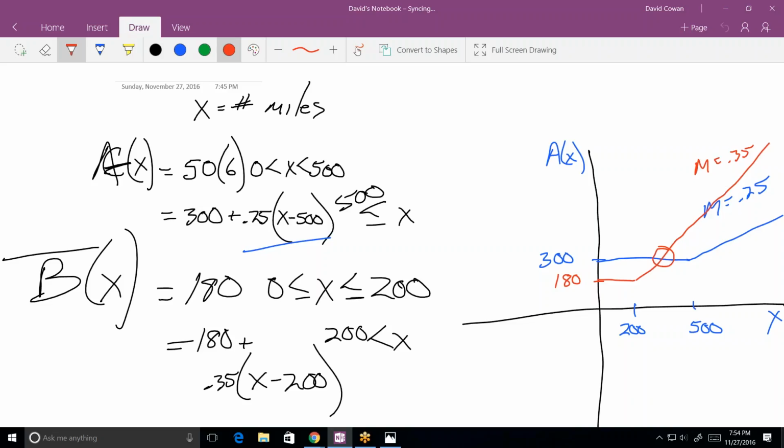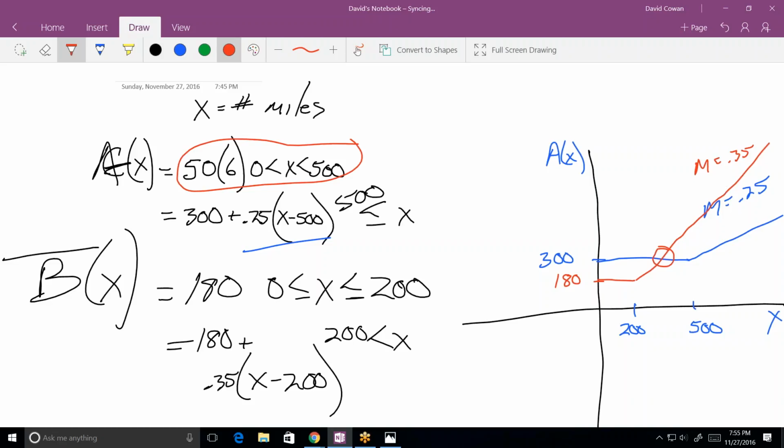Is there a way to do it algebraically? Yeah, set one function equal to the other. Now, I can see that that point comes between miles of 200 and 500. So I'm going to use that. Hold on a minute here.